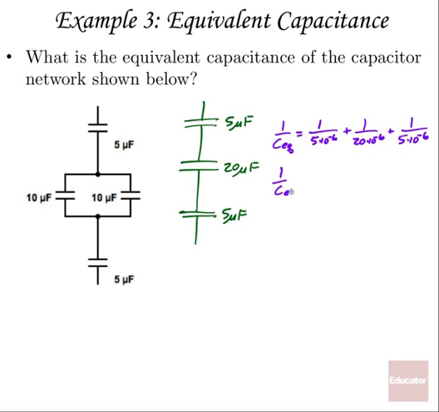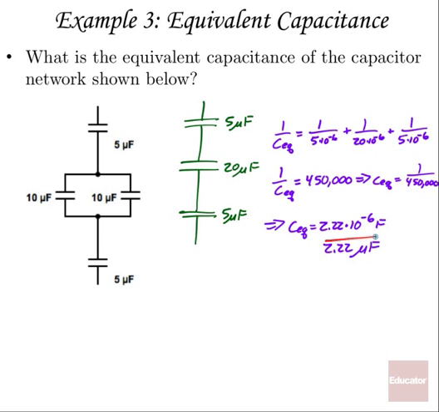Or 1 over C equivalent is equal to 450,000. Therefore, C equivalent is equal to 1 over 450,000, or C equivalent equals 2.22 times 10 to the minus 6 farads, which is 2.22 microfarads.